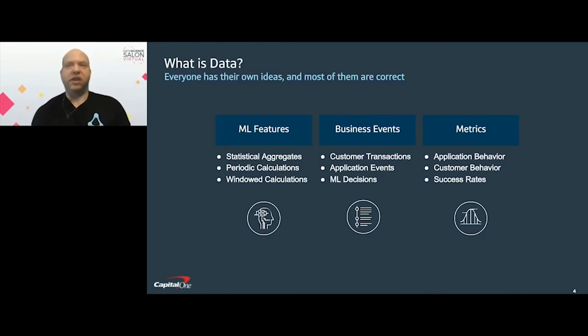Similarly, all of the results of the things that the software is doing also end up being events. So the decisions that your machine learning models make, application decisions, or various events that occur based upon inputs to applications end up also being business events. These then can be fed back into machine learning models as features, or they might just be used for reporting or for making rule-based decisions.